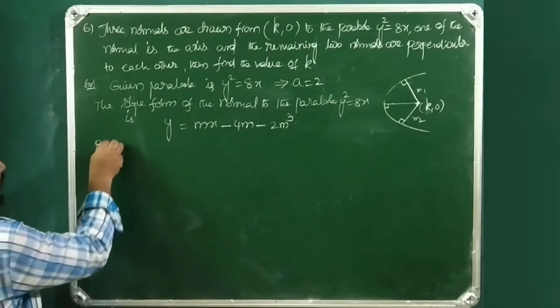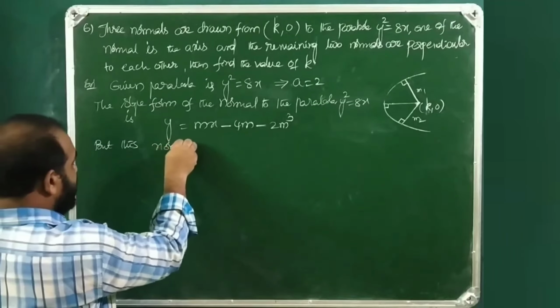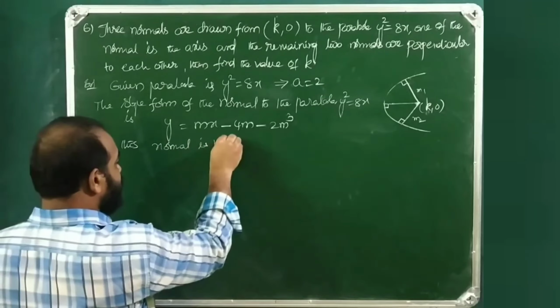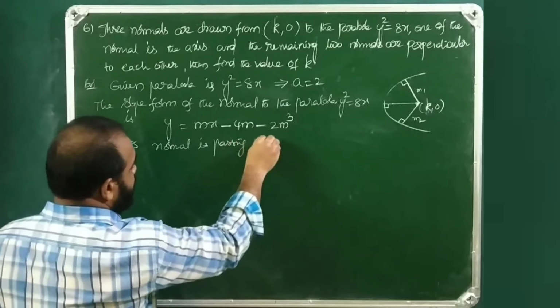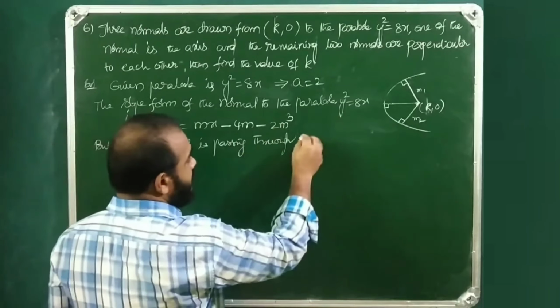But this normal is passing through (k, 0).